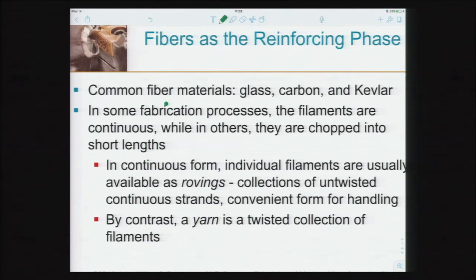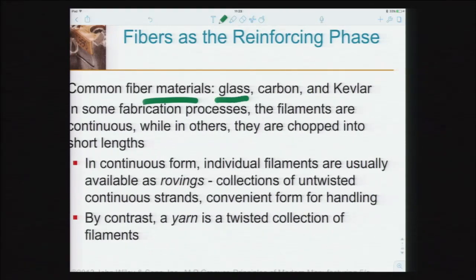Common fiber materials are glass, carbon and Kevlar. You can use glass fiber to increase strength of the composite material. You can use carbon fiber to increase strength of the composite material, or you can use Kevlar.